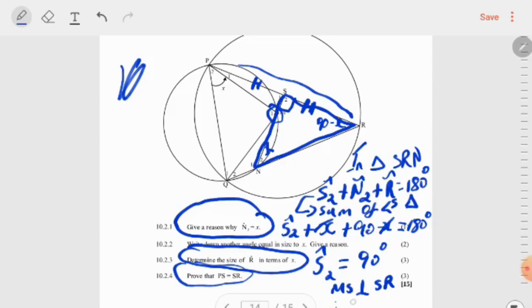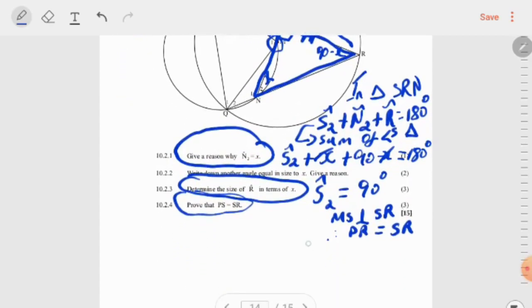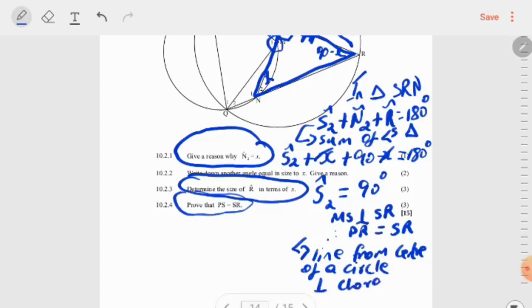Therefore, PS is equal to SR. So we've proved the statement, and we need to give a reason also. So our reason will be: line from center of a circle perpendicular to a chord bisects the chord.